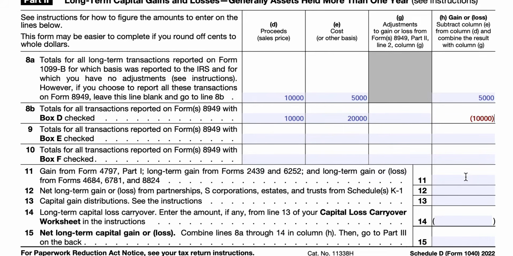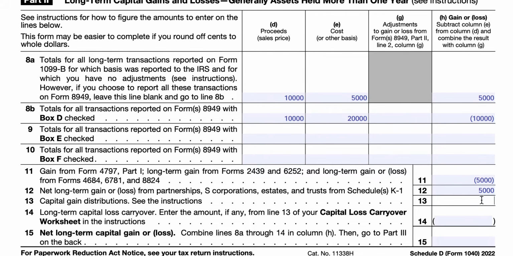So all of those transactions, a few more than under the short-term section, but a few more. Let's just imagine that we had a net loss of $5,000 from all of these transactions. And then we reported $5,000 of income on partnership from a long-term gain from a partnership.